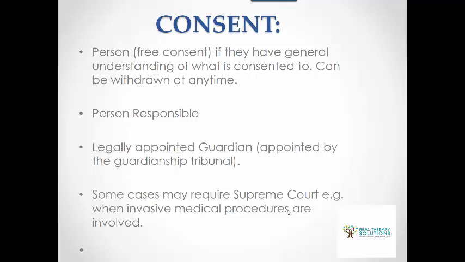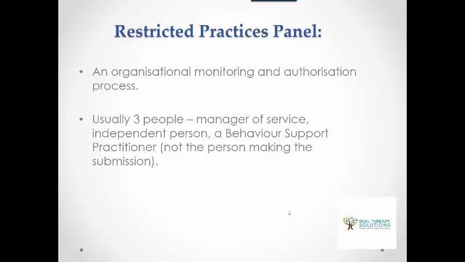Person responsible is someone in that person's life who may be making those decisions for them in more of an informal capacity. A legally appointed guardian is appointed by the guardianship tribunal, and some cases may require Supreme Court authorisation. They're things like invasive medical procedures or certain libido-reducing medications.